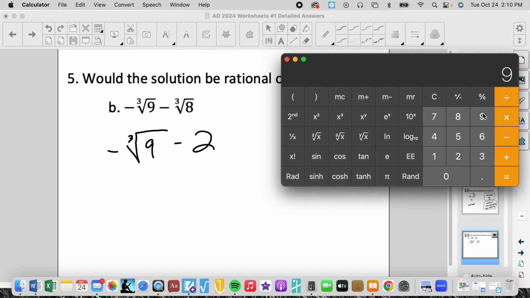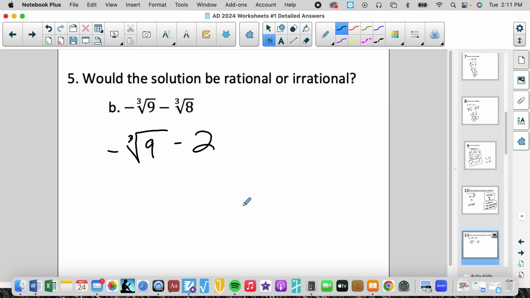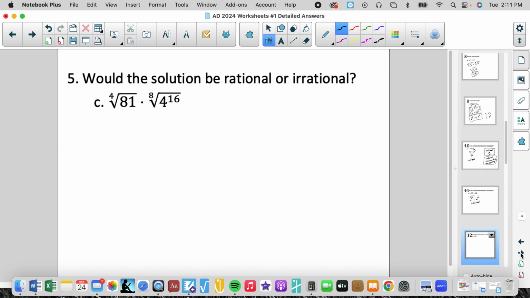If we put 9 in the cube root, we get a non-repeating, non-terminating number. So this is the irrational part, minus a rational produces an irrational solution. That irrationality will continue to be irrational, doesn't matter how many integers you add to it. So that's going to give us an irrational. But we had to simplify it.